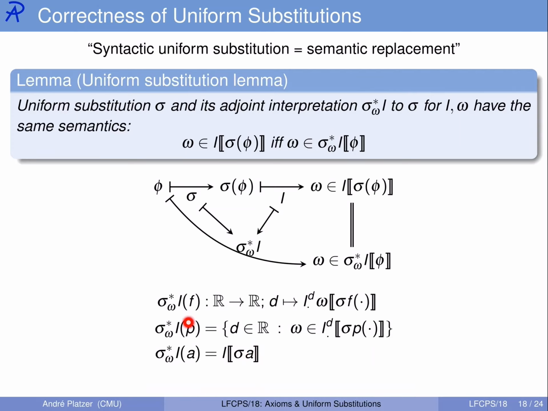And then the semantic change over here is true in a state omega if and only if the substituted formula is true in the state omega. So that means if we have an original formula, run a syntactic substitution over it, and then ask in which state it is true, we get the exact same answers that we get by instead stapling the substitution and the interpretation together to form this semantically replaced interpretation and interpret the original formula and ask whether that's true.